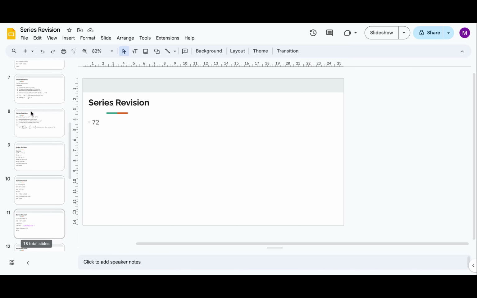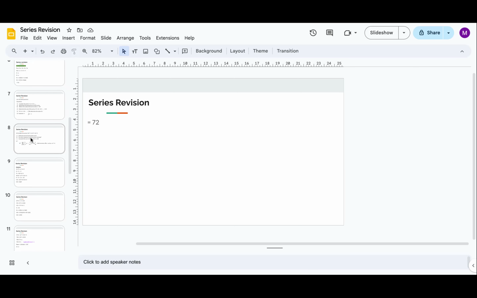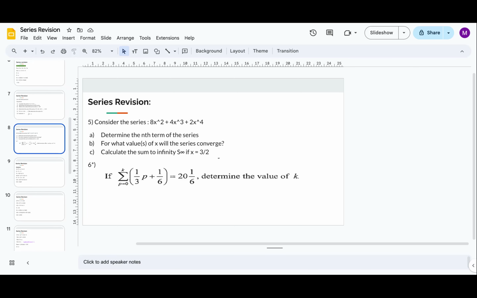Okay, so the last question that we're going to do for today is question 6. Now, question 6, I did put an asterisk. It is a bit of a higher order question. The question asks, if I have a sigma notation from p equals 0 to p equals k of 1 over 3p plus 1 over 6, which is equal to 20 and 1/6, determine the value of k.